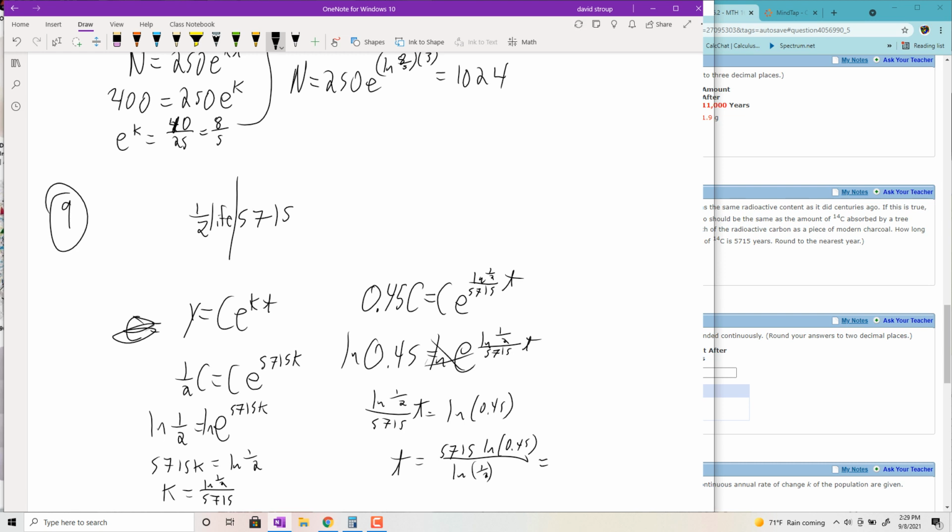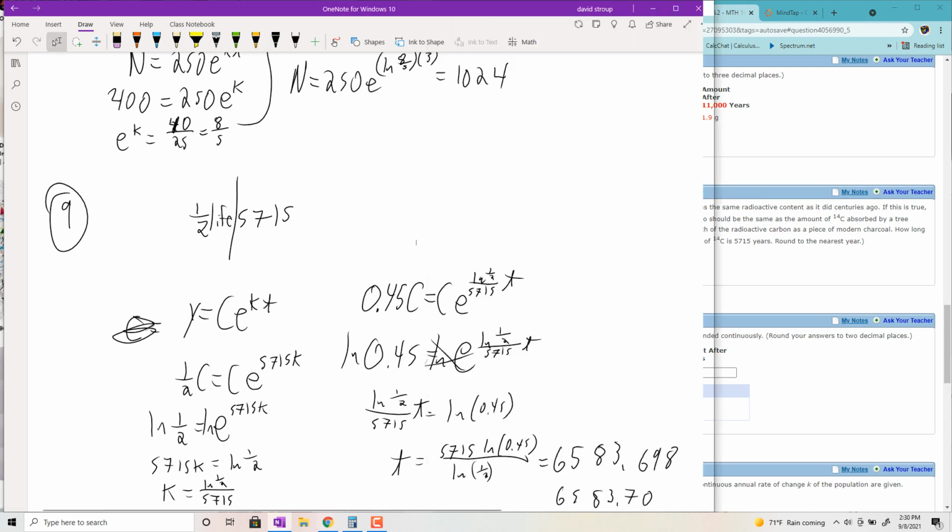Let's see if that does it. If not, I'll try something else. 5715 times ln of 0.45 divided by second ln of 1/2. 6583.698, 2 decimals, so 6583.70.